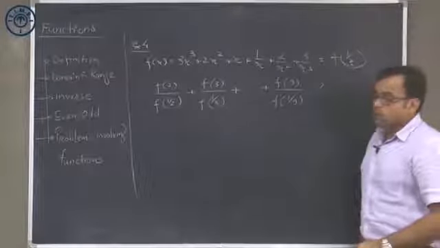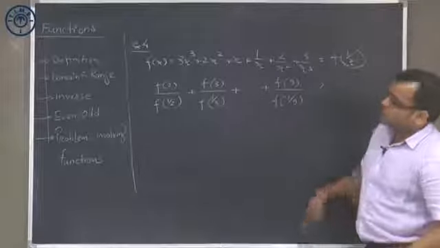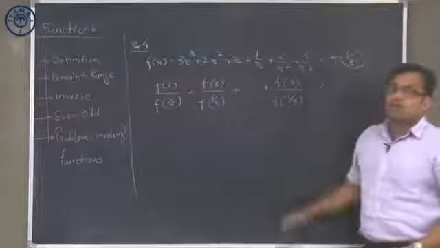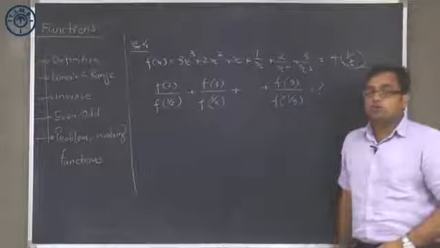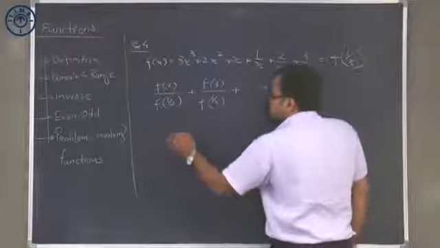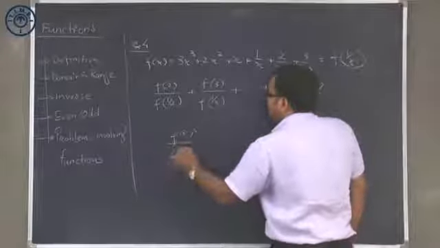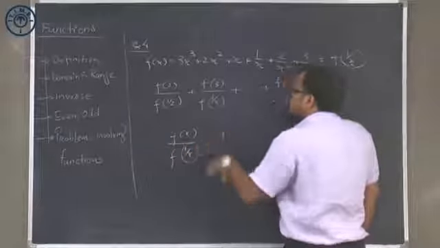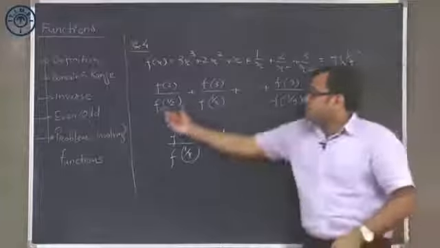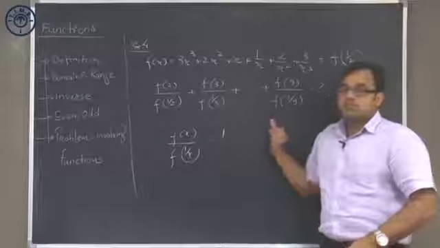If f of 1 upon x is also same, naturally f of x upon f of 1 upon x will be equal to 1. That means that each of the terms in this expression is equal to 1.